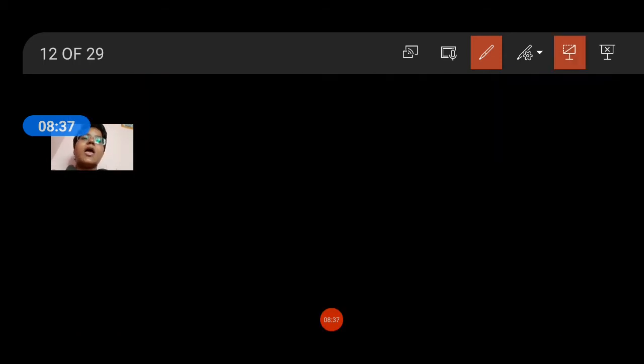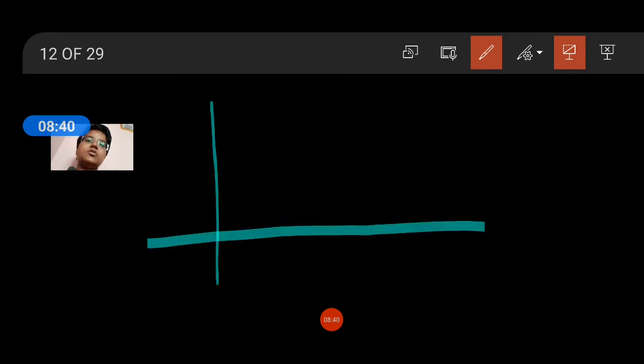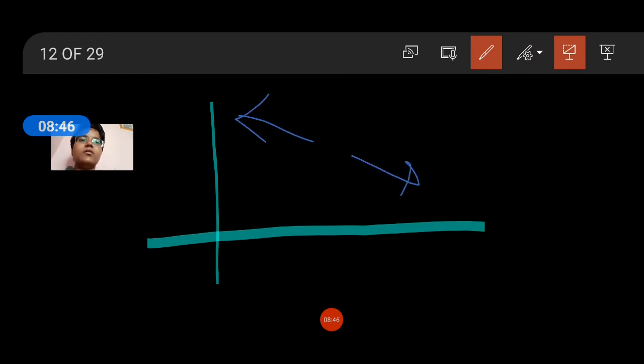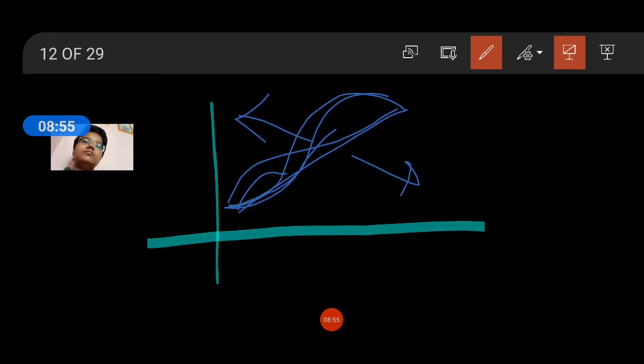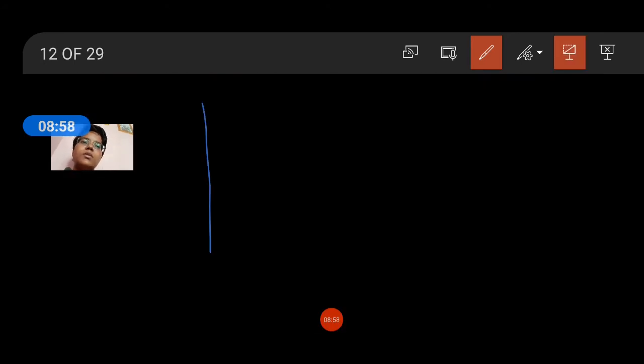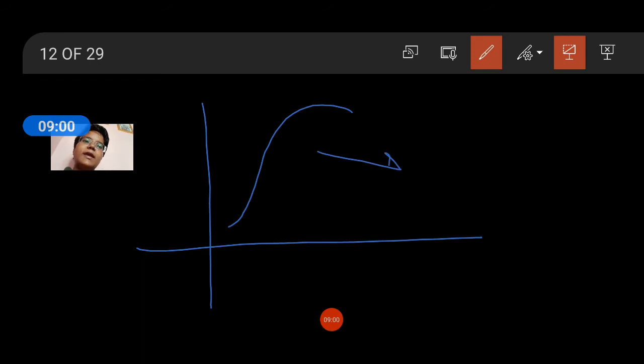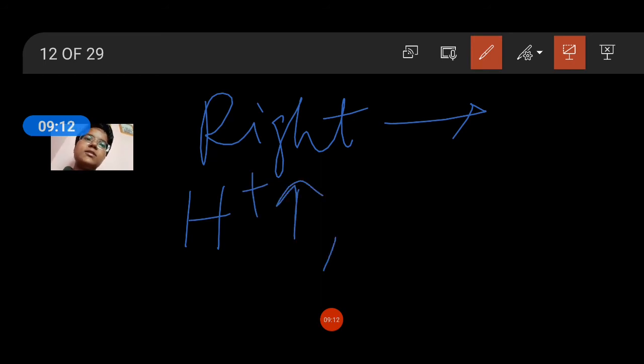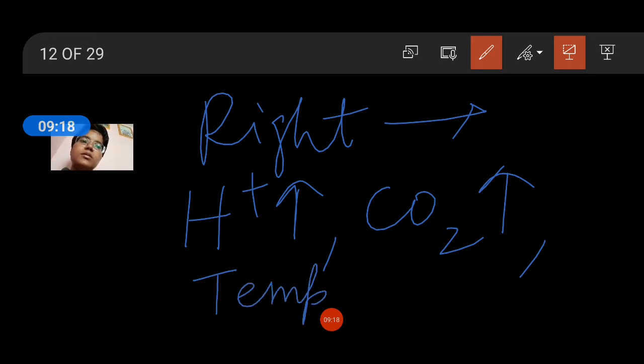and temperature. And one more thing is the oxygen dissociation curve. It's a sigmoid curve, as you all know. When it shifts towards the right, H plus concentration increases, CO2 increases, and temperature increases.